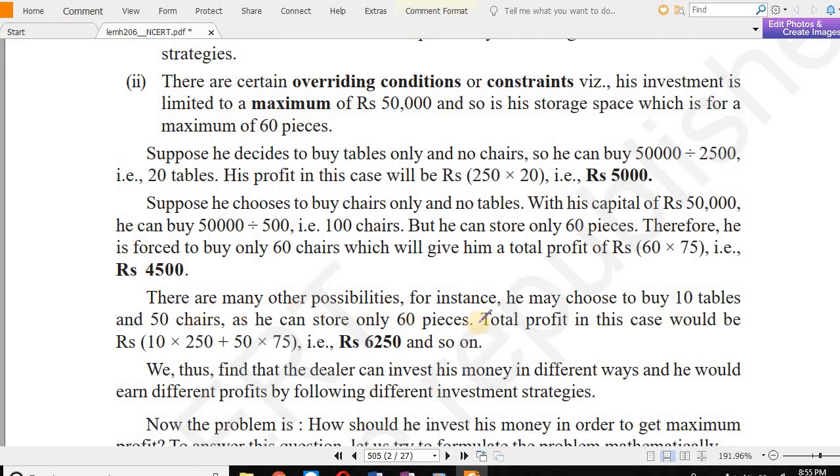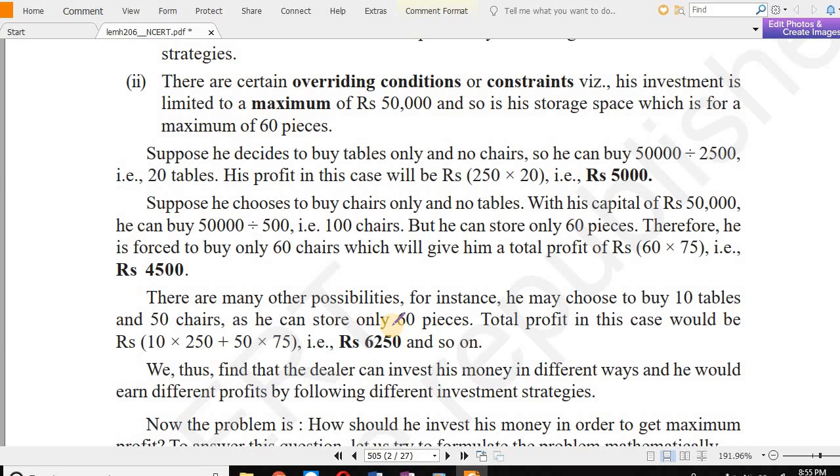Now what you have to make sure is that he can actually buy this many tables and this many chairs. 10 tables would be 10 times 2,500, which would be 25,000, and then 50 chairs would be 50 times 500, which is also 25,000. That makes 50,000 altogether. So it is possible for him to buy 10 tables and 50 chairs, and he has this amount of storage space.